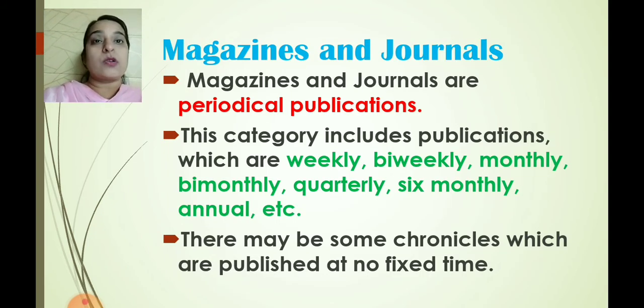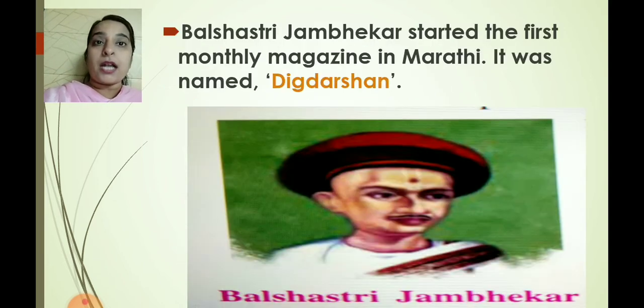Now let us learn about magazines and journals. Now children, magazines and journals are periodical publications, and this category includes publications that could be weekly, bi-weekly, monthly, quarterly, annual, etc. And there may be some chronicles which are published at no fixed time. Now children, Bal Shastri Jambekar started the first monthly magazine in Marathi.